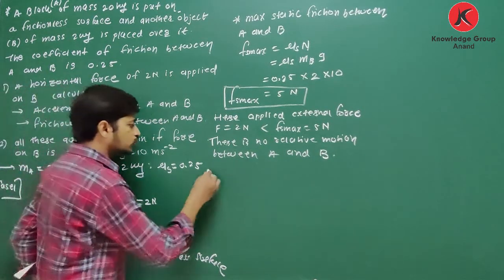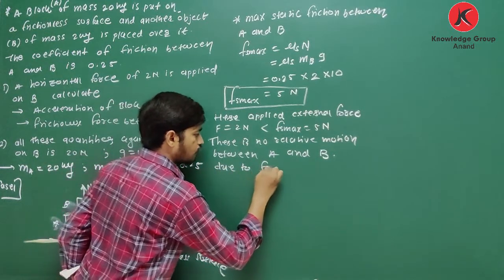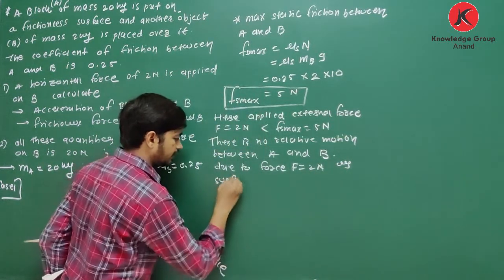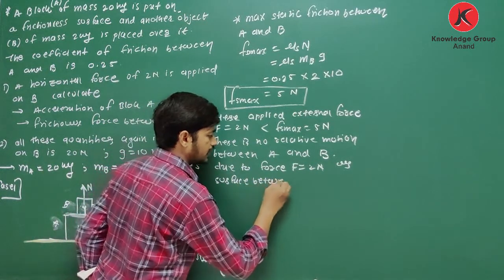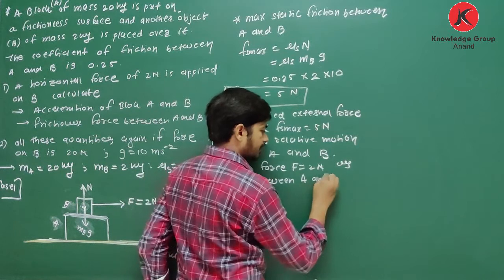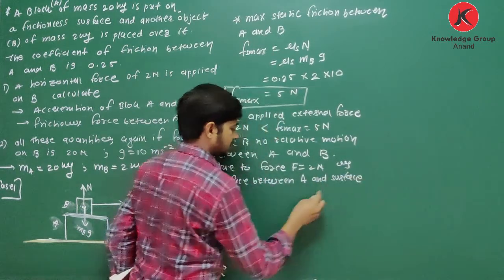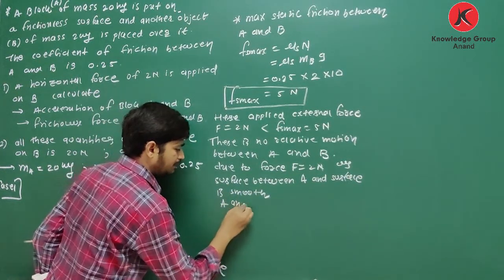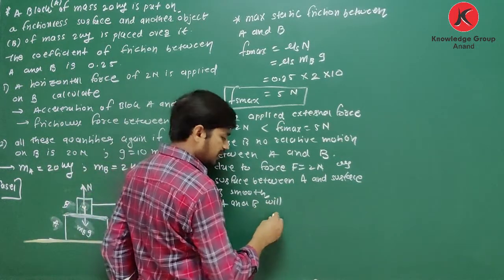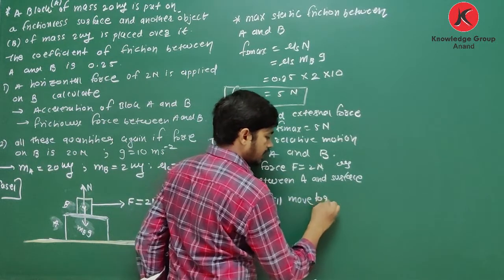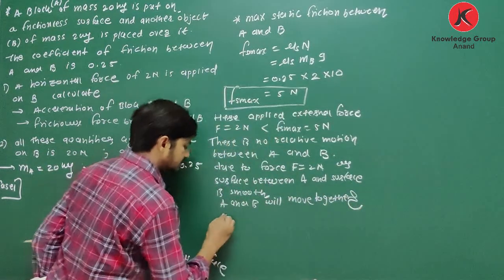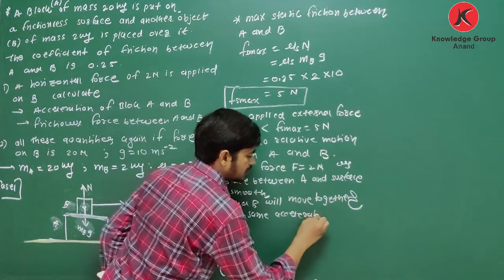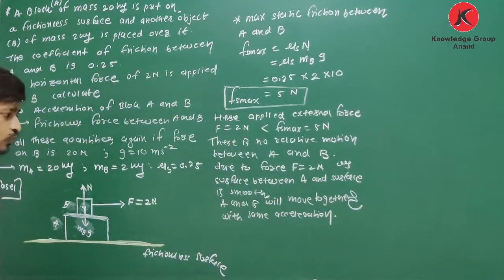So due to force F equal to 2 Newton, as the surface below A is smooth, A and B will move together with the same acceleration.